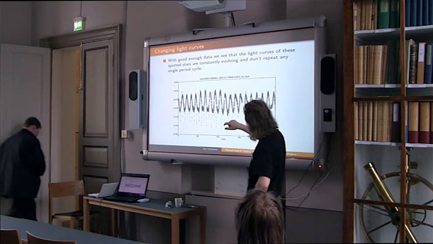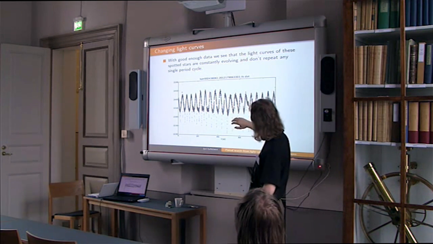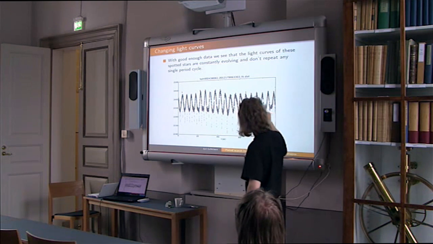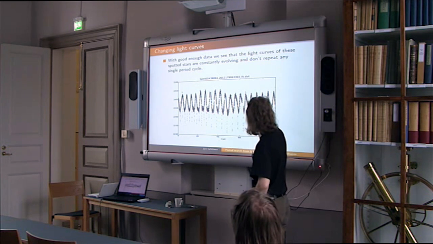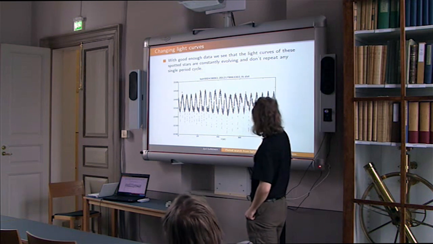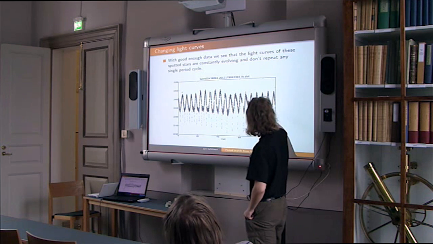So this is a typical signal of a spotted star. It's more or less a nice wave, but the shape of the wave is constantly evolving, and here you see you start to form another minimum, and between these two rotations, one of the minima takes over.